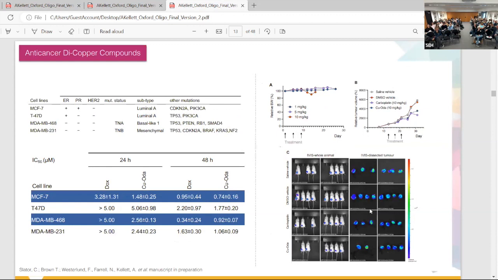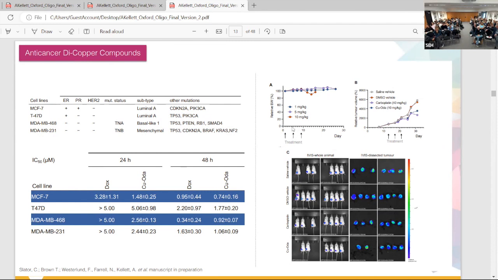And finally, we've identified the activity in a range of triple negative human cancer cell lines, breast cancer cell lines, should I say, including this MDA-MB-231, for which there are very limited treatment options. And it turns out that the copper ODA is particularly active in the low micro to nanomolar region. It's also very well tolerated by mice.